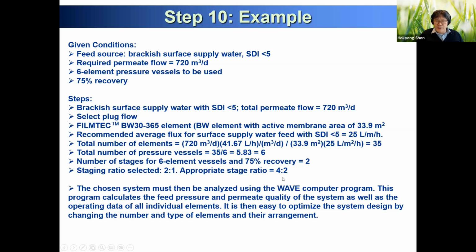So 2 to 1 means 4 to 2. An appropriate staging ratio can be selected. So this is how we can get the staging and the appropriate staging ratio. That's how we can calculate by hand using the 10 steps.